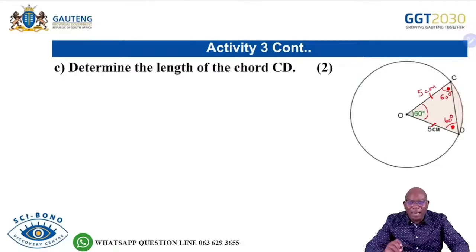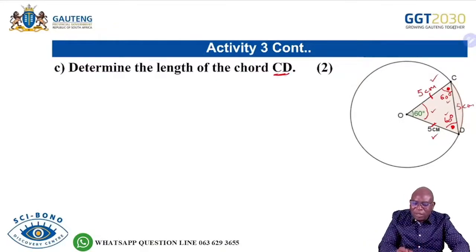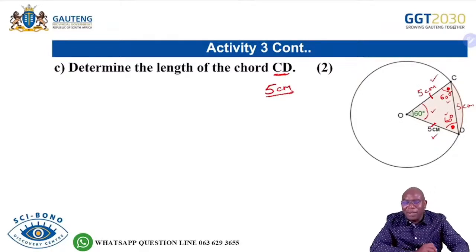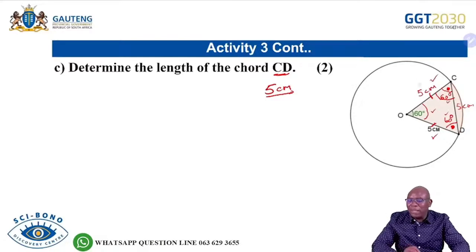Oh, now what do I have? An equilateral triangle. This angle, that angle, and that angle are equal, which means that all sides must also be equal. So it's 5 centimeters, 5 centimeters. Obviously, that will be 5 centimeters. So the length of this chord here will be 5 centimeters. Okay. So now the reason there, remember, is that angle and that angle will be equal, and it is an equilateral triangle.